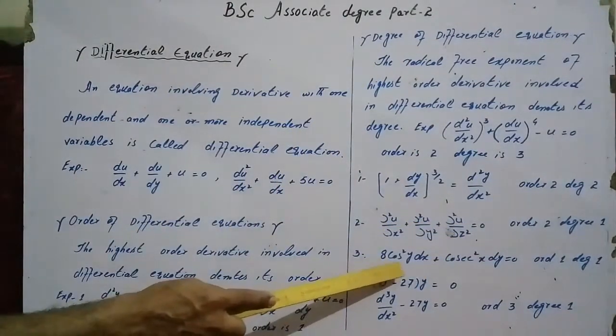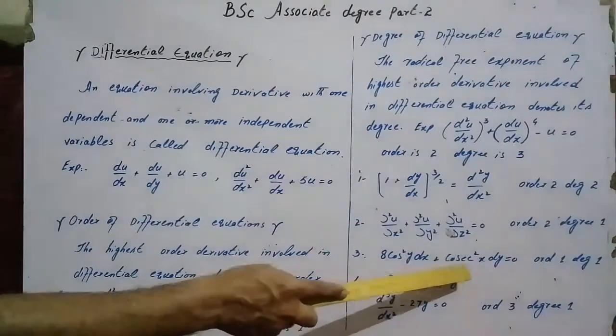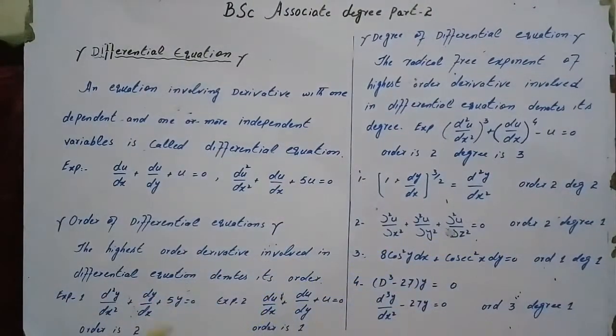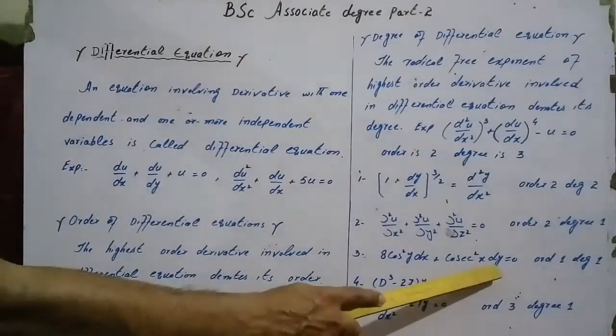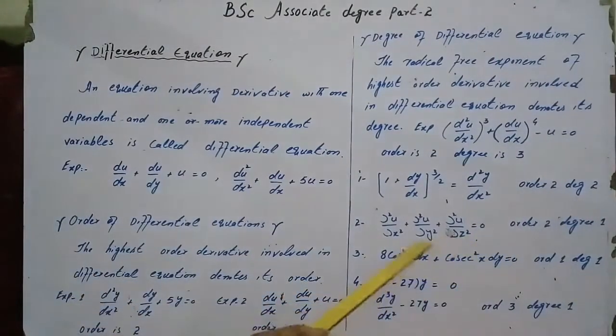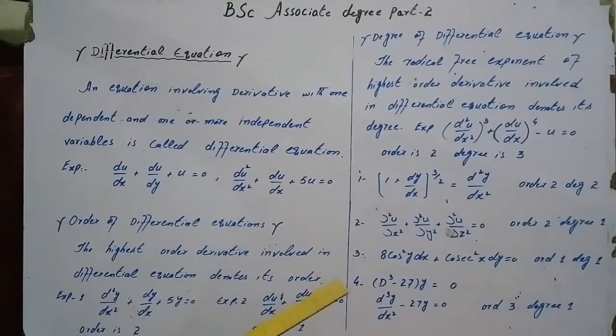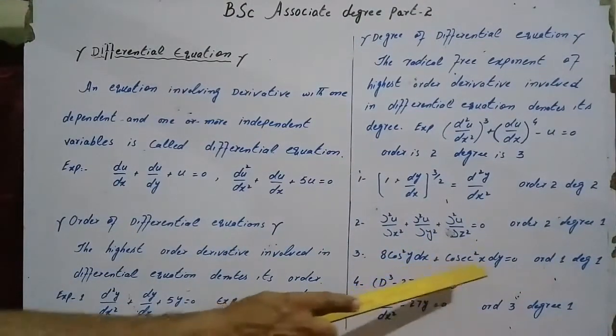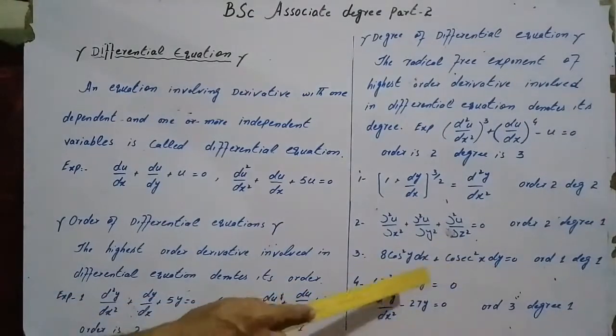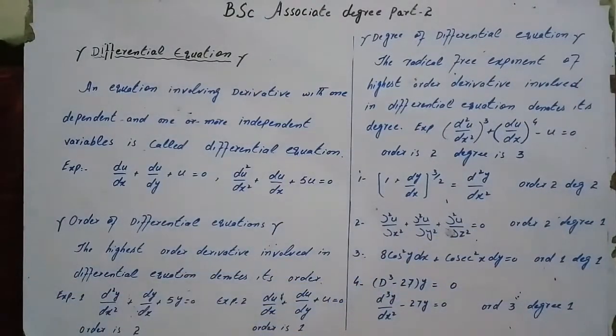Here is cos square y dx plus cosecant square x dy. Here first we have to arrange it in the form dy by dx. By moving this part towards the right, it will become negative. Then dividing by dx, we have dy by dx equal to something in trigonometric functions.